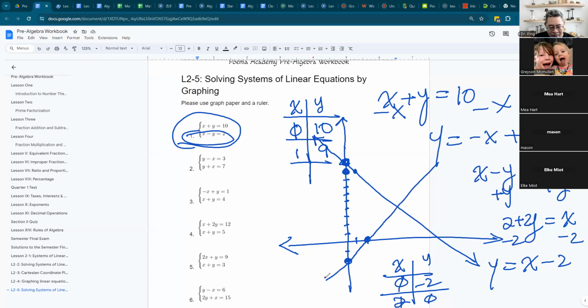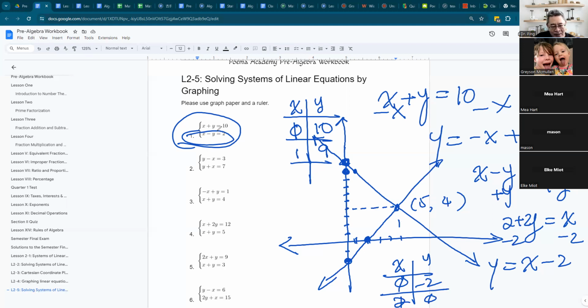Somewhere the intersection is the solution. Looks like the height is 4, and 1, 2, 3, 4, 5. Looks like 5, 4.